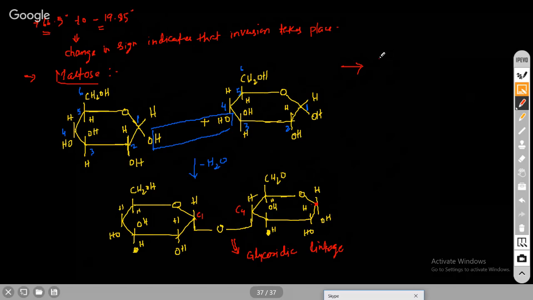So the sugar is a reducing sugar, and it shows mutarotation. Okay, so this is what you have to memorize. Now you understood, Ramcharan, how it is a reducing sugar? Okay. Now the third one you write down, that is lactose.